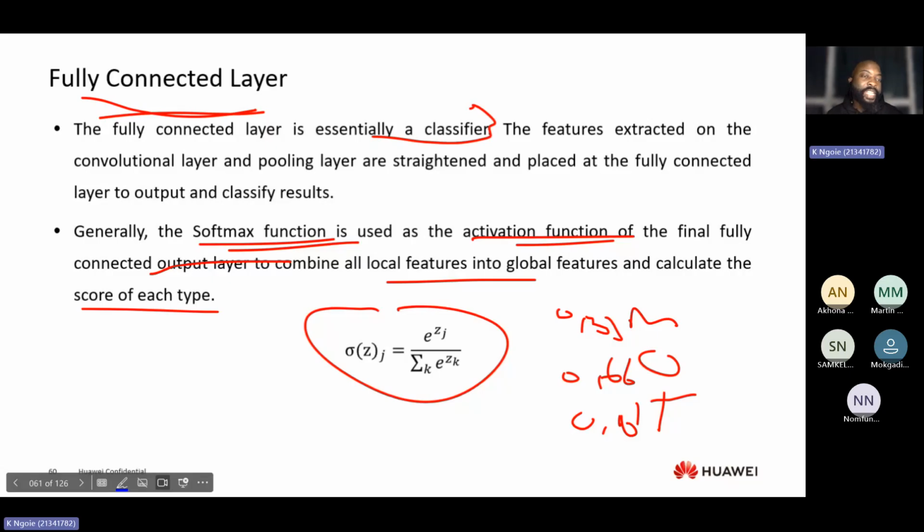Why? Because the Adam will combine the RMS prop and the momentum optimizer. So it's basically an optimizer which is kind of combining two different optimizers. So Adam is really a popular choice of optimizers.